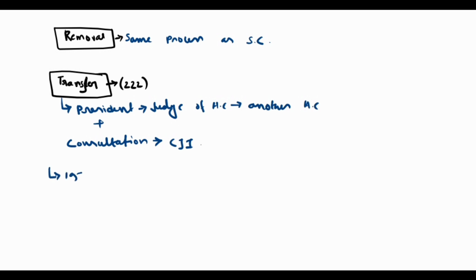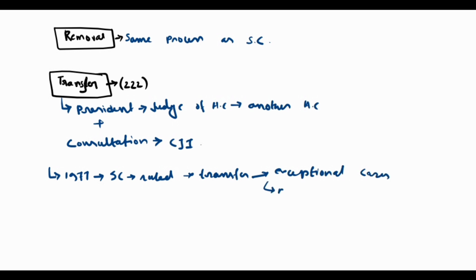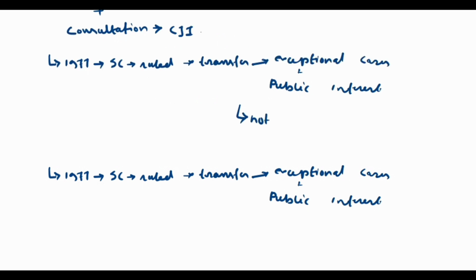In 1977, the Supreme Court ruled that transfer could be made only in exceptional cases and only in public interest, and not by way of punishment.